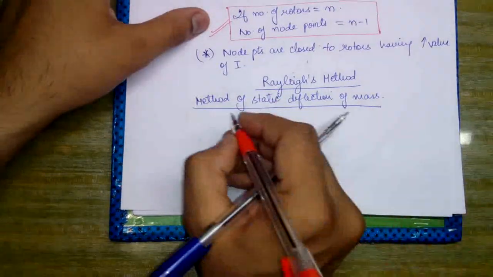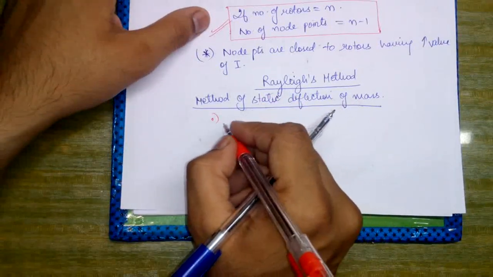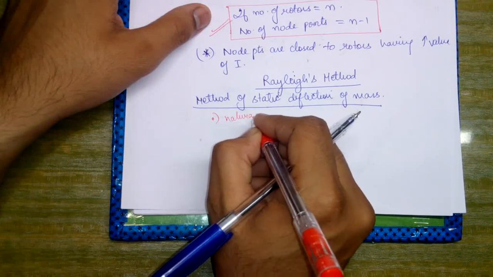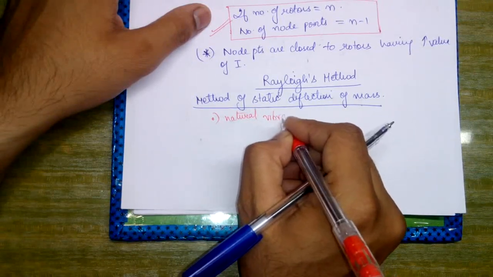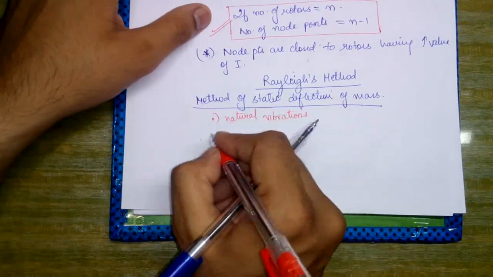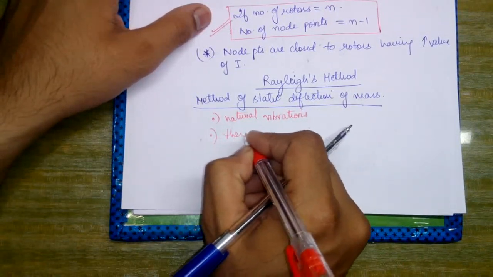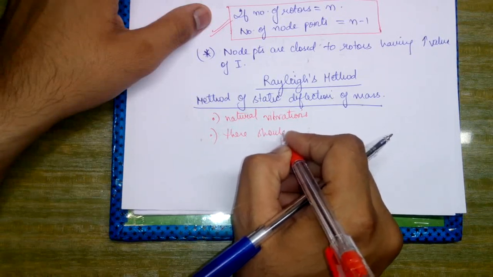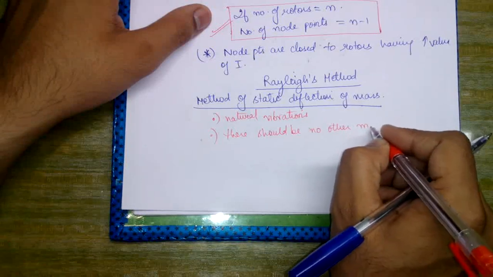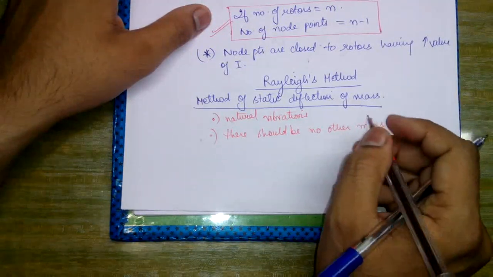And there are certain points regarding this method. The first point is it is only for natural vibrations. Second, there should be no other mass. Only one mass should be present in the system.